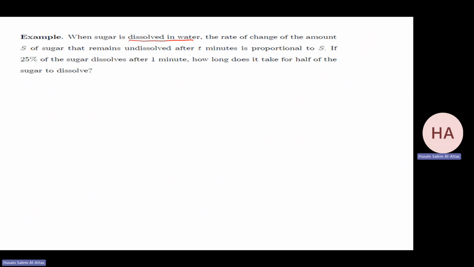The rate of change of the amount of sugar that is undissolved after t minutes is proportional to S. Just to be sure I'm doing it correctly.